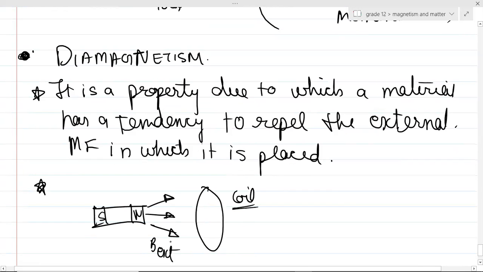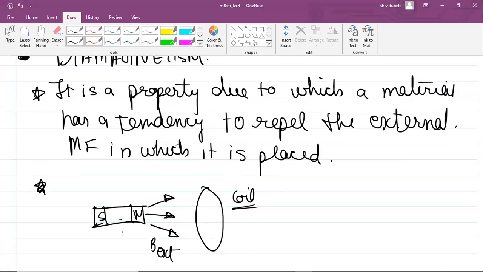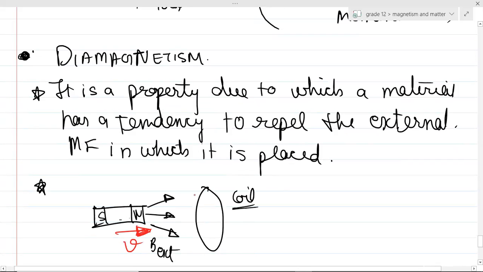If I move this magnet towards the coil, what will happen? The coil will generate a current in such a way that it will oppose the external magnetic field according to Lenz's law, right? Yes or no?